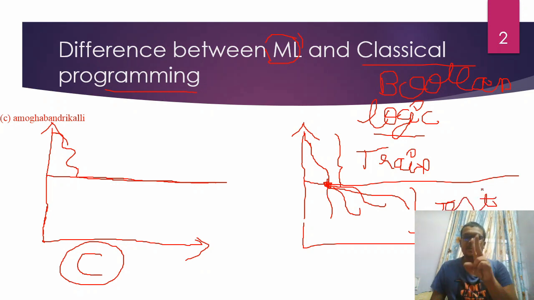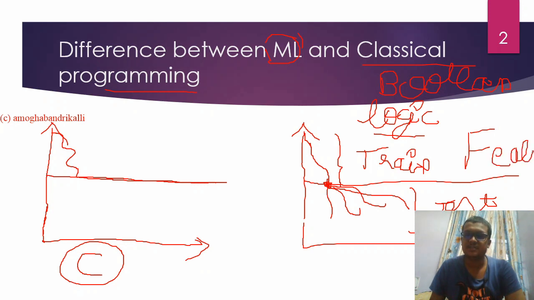So in machine learning we have two subdivisions. Training means the machine will start analyzing the situation on its own without any help of a human being. That process is called training. In training, we usually provide features.